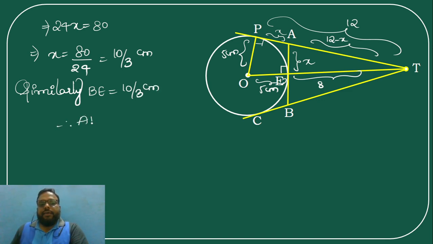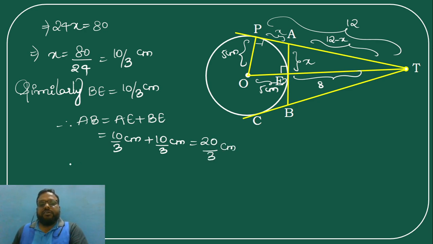Therefore, AB is equal to AE plus BE, right? So that is equal to 10 by 3 centimeters plus again 10 by 3 centimeters. That gives you 20 by 3 centimeters. So therefore, the length of AB is 20 by 3 centimeters. Right? I hope you got the solution here.